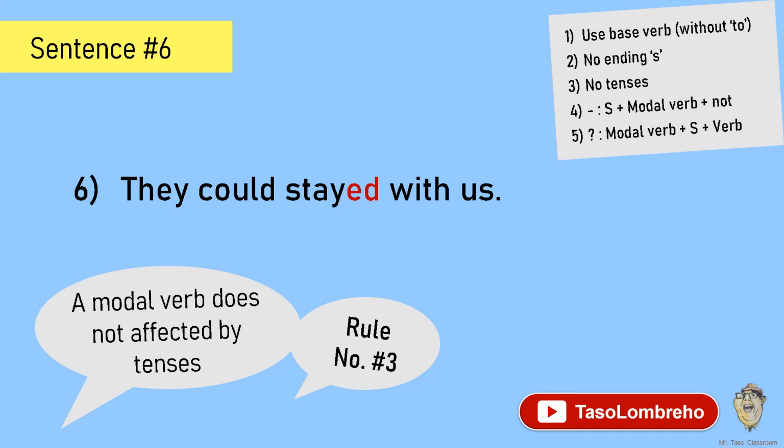Rule number 3, no tenses. Yeah, so every word after modal verb should be base verb without to, without ed, without s. So here is the correct sentence. You could stay with us.